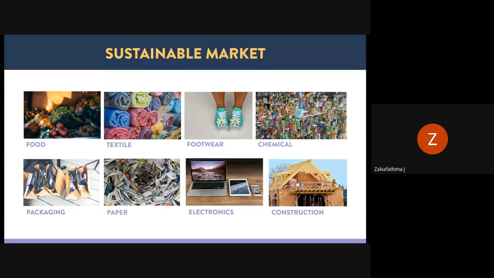Mostly all your organic food is considered sustainable food. The second part in the food industry is your packaging unit, where they send you the supplies, your cooked food, pre-cooked food, all that should be in sustainable material.